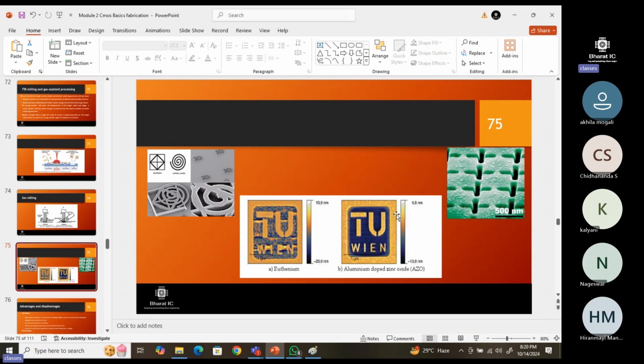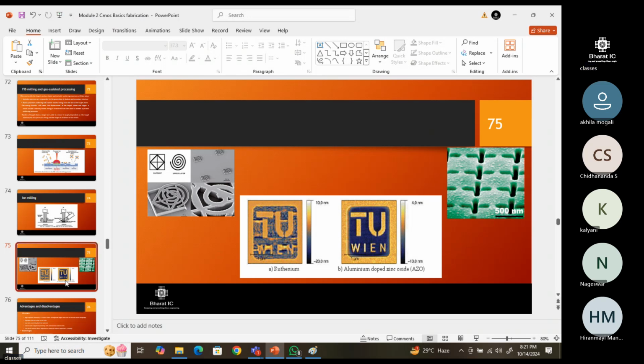This one is 4 nanometer and this is 10 nanometer, compared to this one it is much more precise. This is just an example. When we go to smaller sizes, lithography becomes more efficient and the resolution becomes higher, so the detailing is much higher.